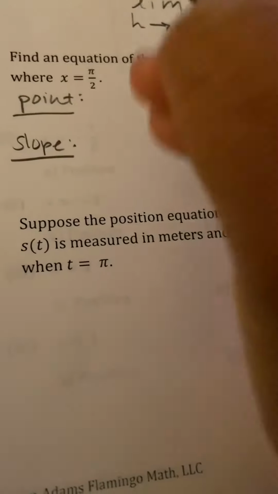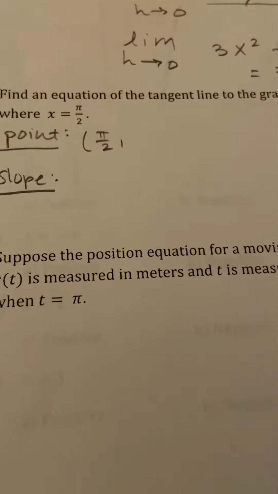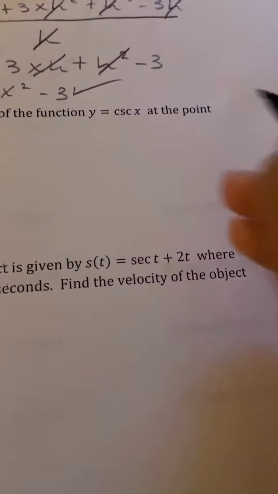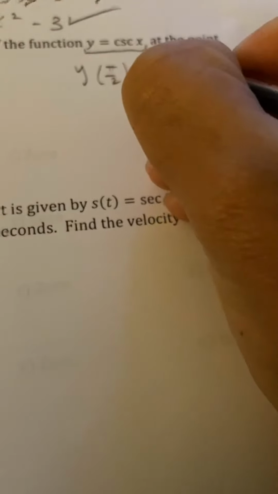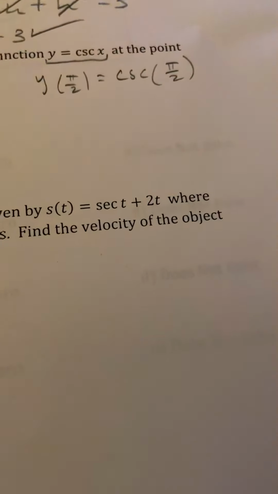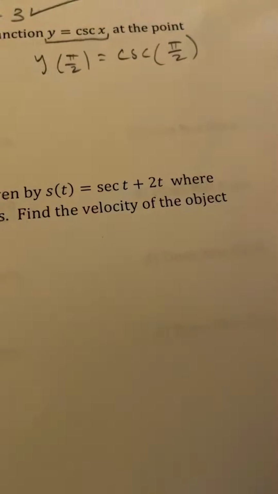Well, the point here, my x is pi over 2. My y, well, to get a point, you always plug into the original. So my original here is this guy. So y of pi over 2, you're just going to plug in pi over 2 here to the original. So I have cosecant of pi over 2. Well, cosecant is related to sine because that is its reciprocal.